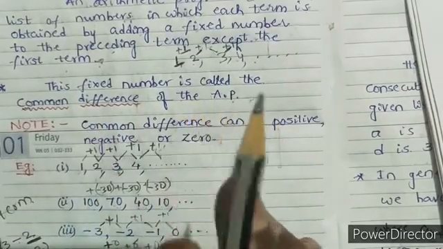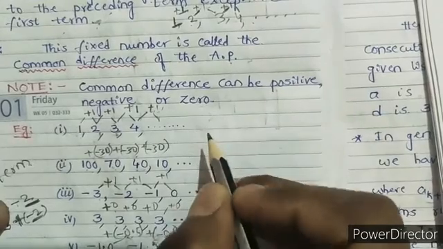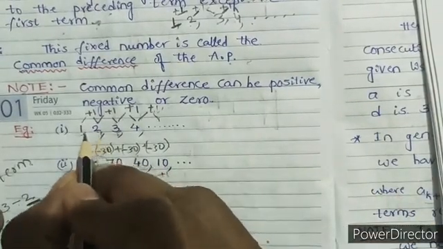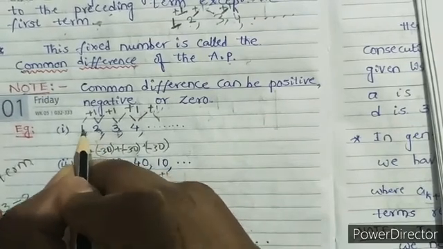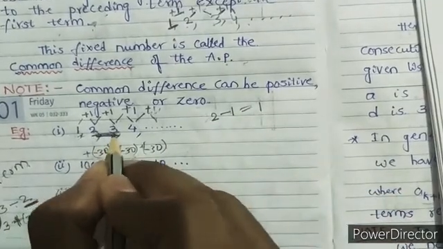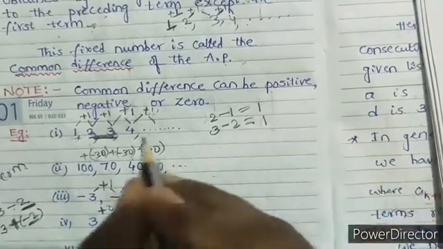Why are we calling it the common difference? Let me give you a brief explanation. You observe 1 and 2. Find the difference between these two. 2 minus 1 will give 1. Now you take 2, 3. 3 minus 2 will give you 1.